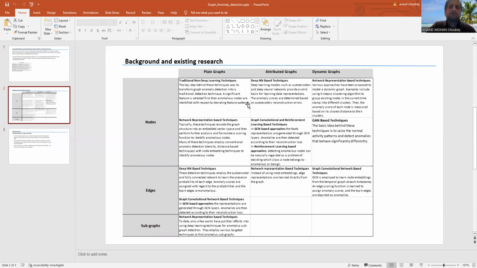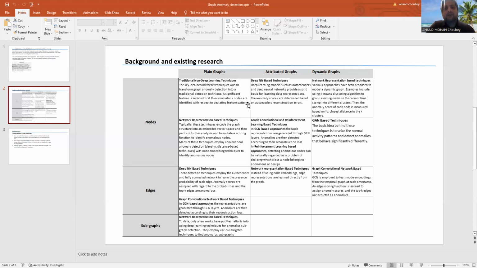Some research focuses on detecting anomalous nodes, some on detecting anomalous edges, and others on detecting anomalous subgraphs and even graphs. I've tried to show here the various representations and techniques being used: GCN, reinforcement learning, other network-based representations, and even some non-deep learning techniques.